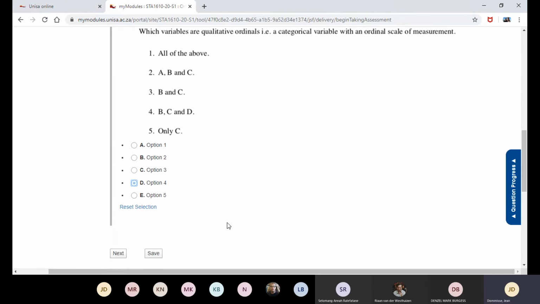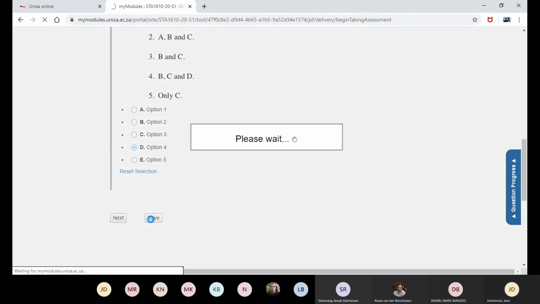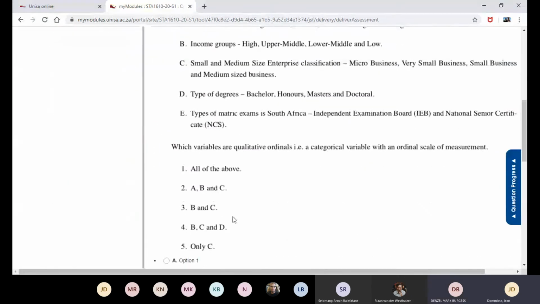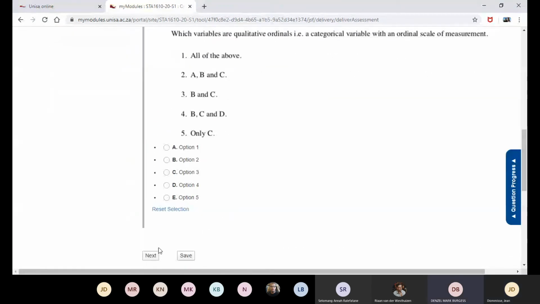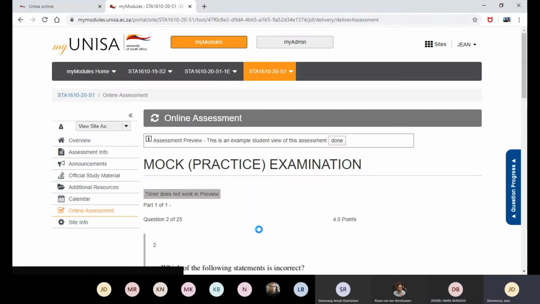Did they tell you if you are right or not? So let's do the save. They don't tell you if you're right once you've finished. They just give you your marks. Okay, so I will ask the lecturer if I can get the mock exam in a PDF with the answers.